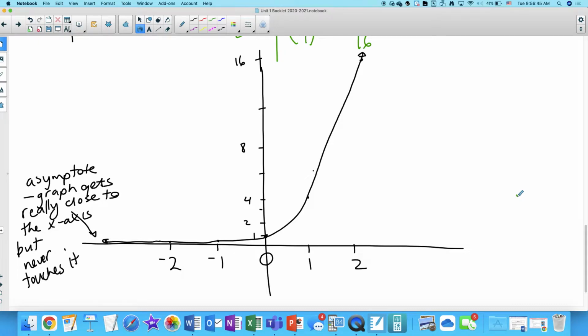It was 16, that's right. And when x was -1, what was g of x? 4. So that's right here. And when x was 0, 1. That's where they meet.